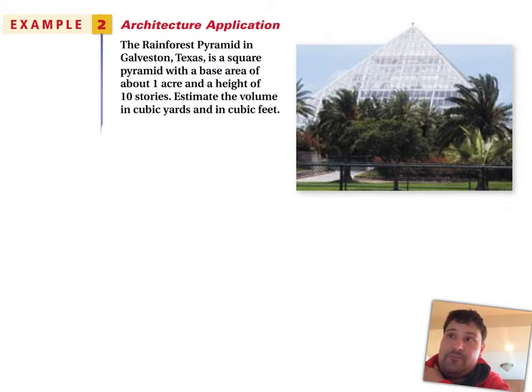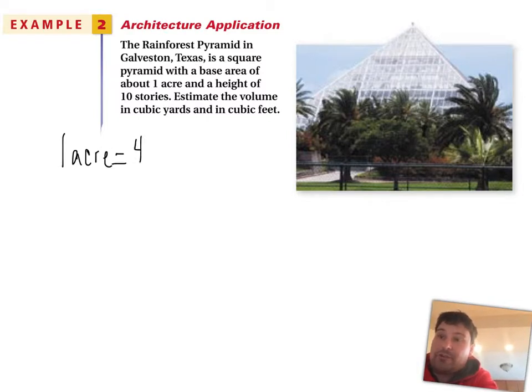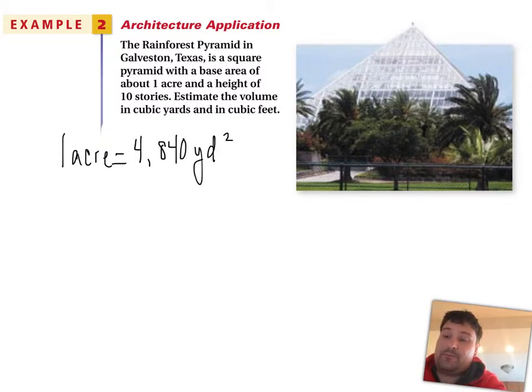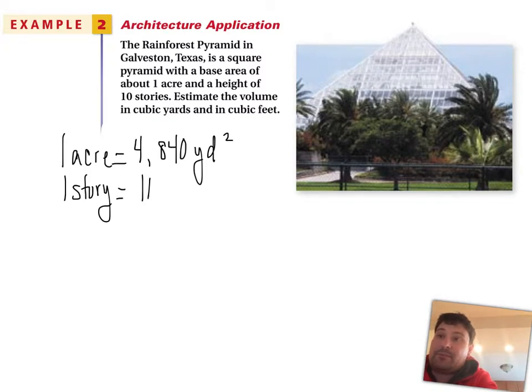It's up to you. So 1 acre, if you looked it up, is equal to 4,840 square yards. We also, if you look it up, know that the height of 1 story is approximately 10 feet.